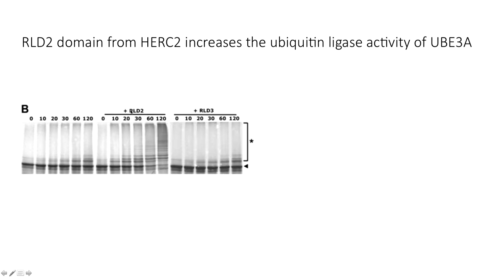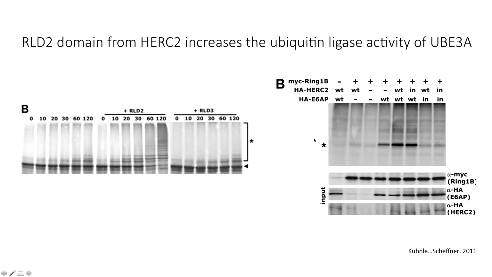When they incubated UBE3A with the RLD2 domain of HERC2, that increased the rate of auto-ubiquitination. When they took a different part of HERC2, the RLD3 domain, you didn't see this increase. They also found that the RLD2 domain increased not only auto-ubiquitination of UBE3A, but also ubiquitination of a target protein, RING1B.